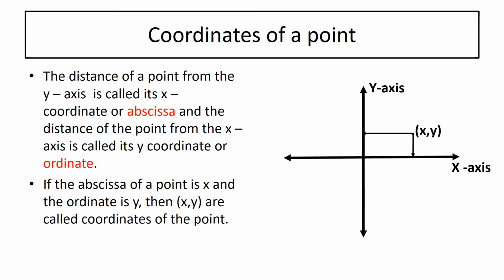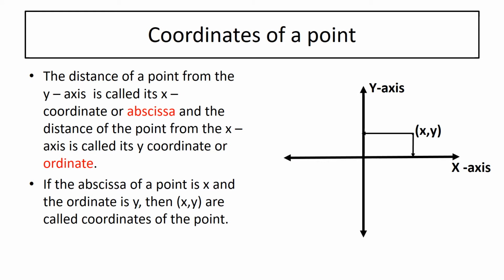Coordinates of a point. The distance of a point from the y-axis is its x-coordinate, which is known as abscissa, and the distance of the point from the x-axis is called the y-coordinate, or ordinate.